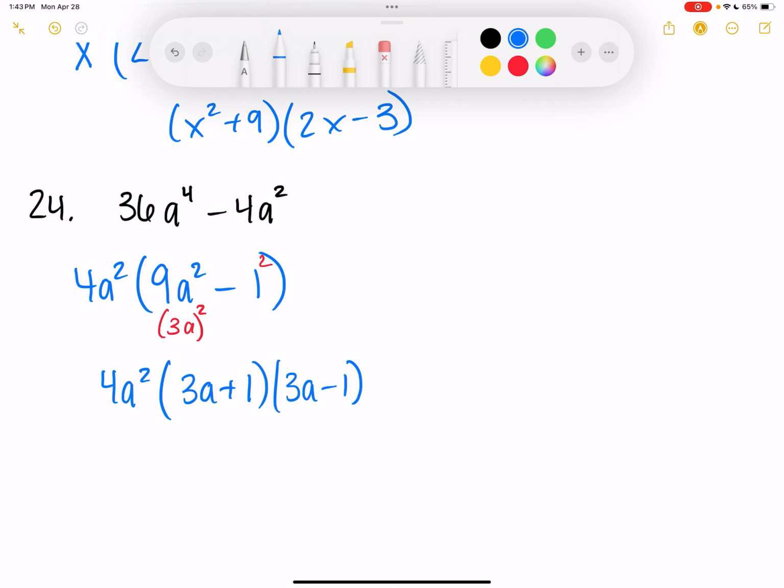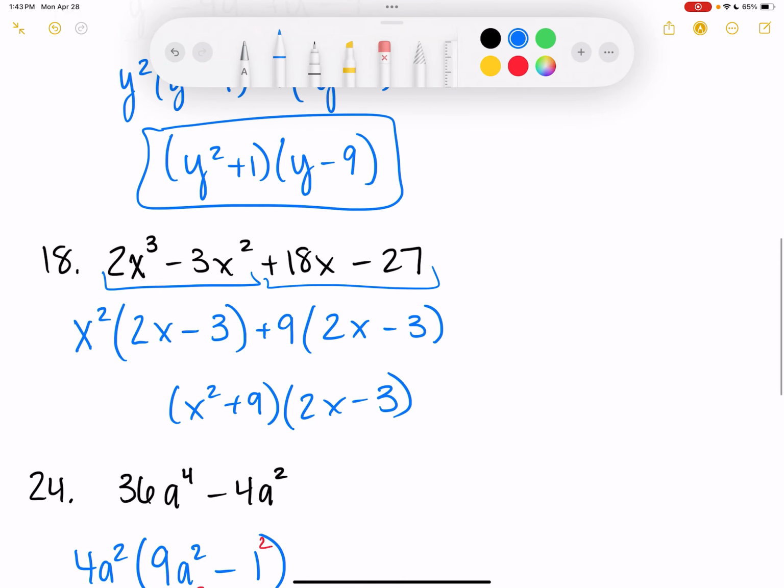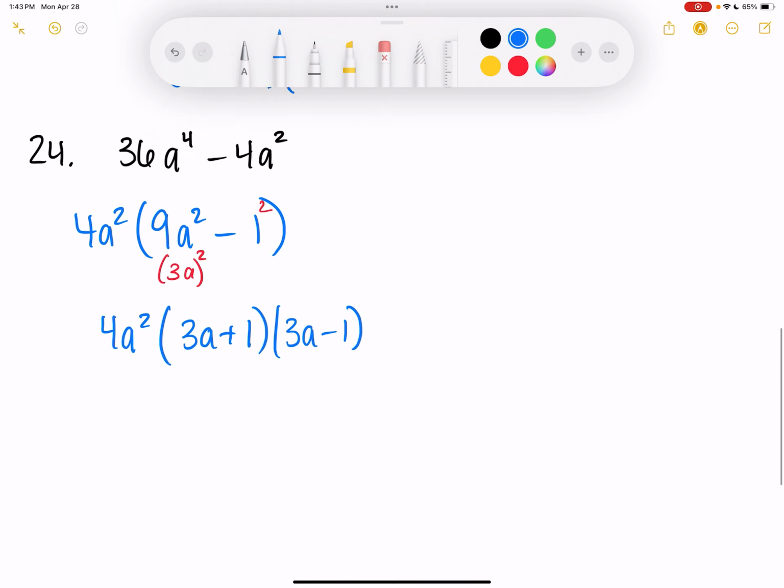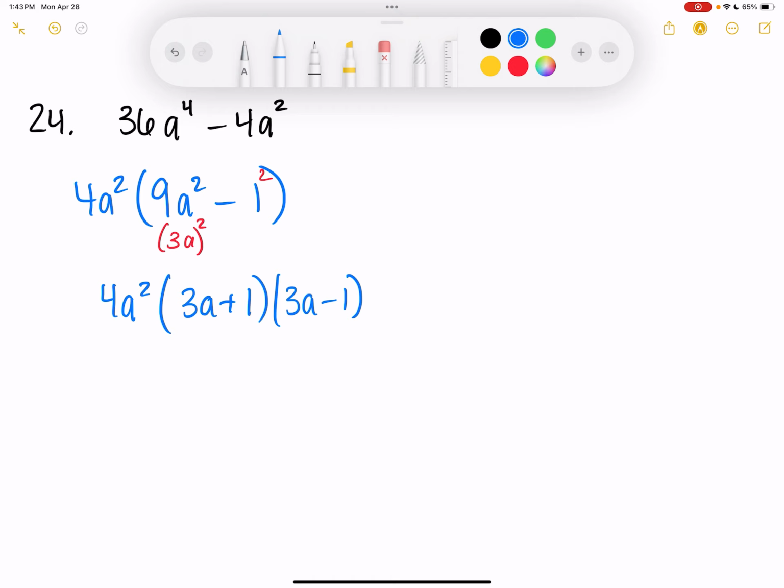And we keep that 4a squared that I factored out originally. So as far as checking these, we can still check all of these. What I would do first is FOIL these back, then multiply everything by this, and you will get back to what you started with right here.